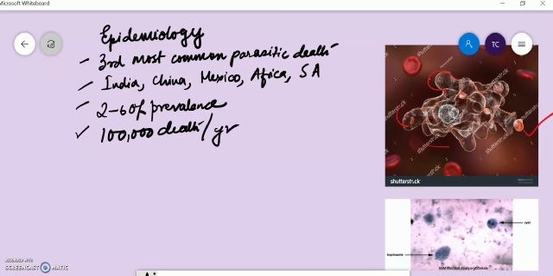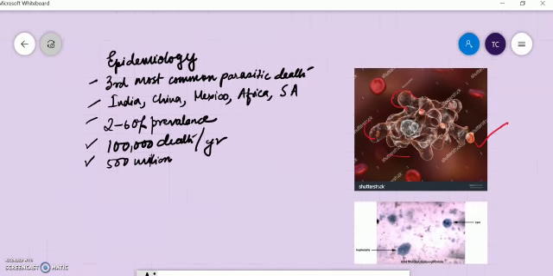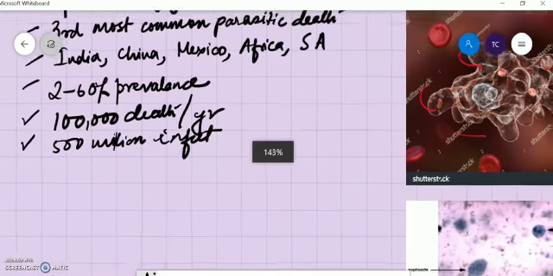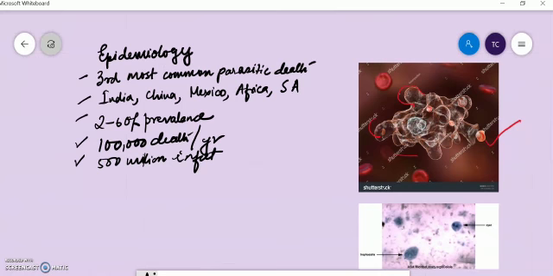Okay, 500 million infections. So you understand the epidemiology.